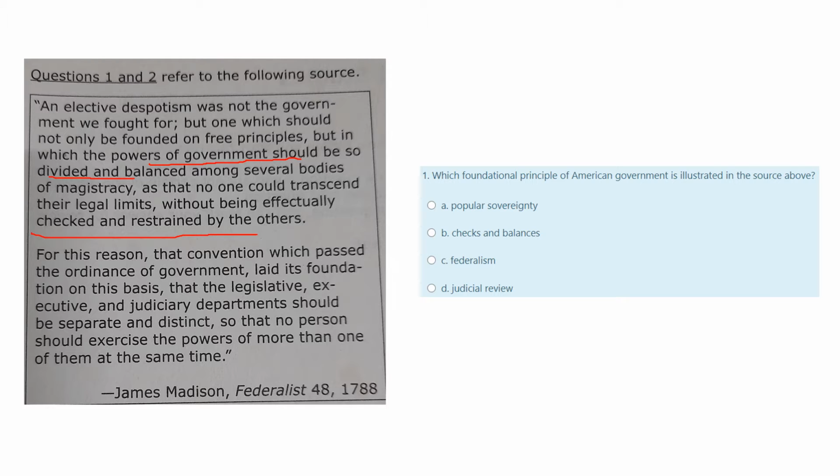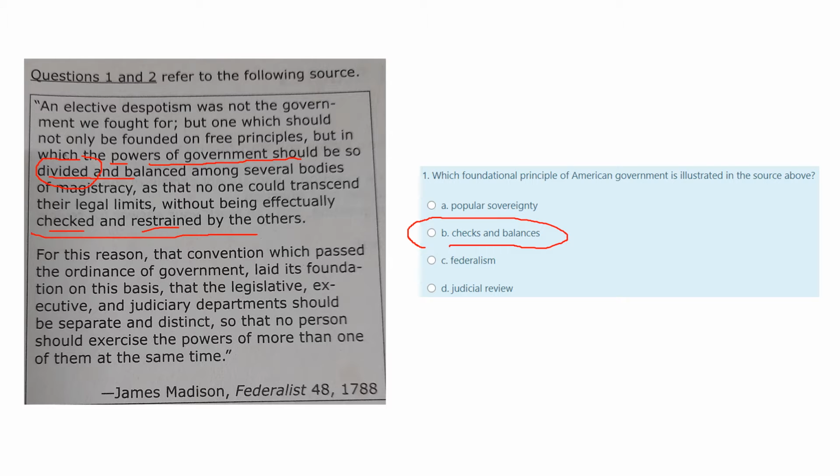There is a second part of government that will check what the first part of government is doing. So we're linking to the idea of checks and balances. We're talking about the different powers that are divided into 3 branches, and they are checked and limited by the other branches.